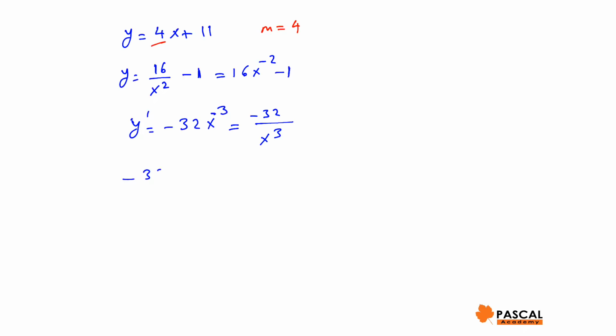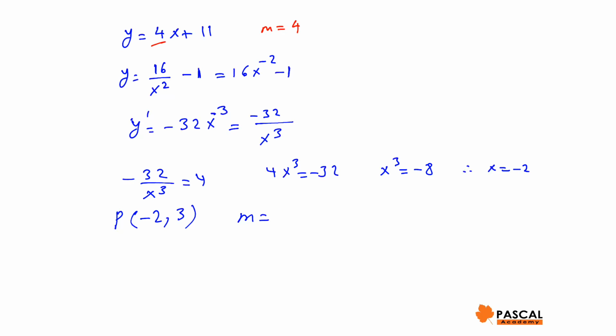If we set it equal to 4, we have 4x cubed equals negative 32, x cubed equals negative 8. That means x is negative 2. When x is negative 2, y would be 16 over 4, minus 1, which is 3.